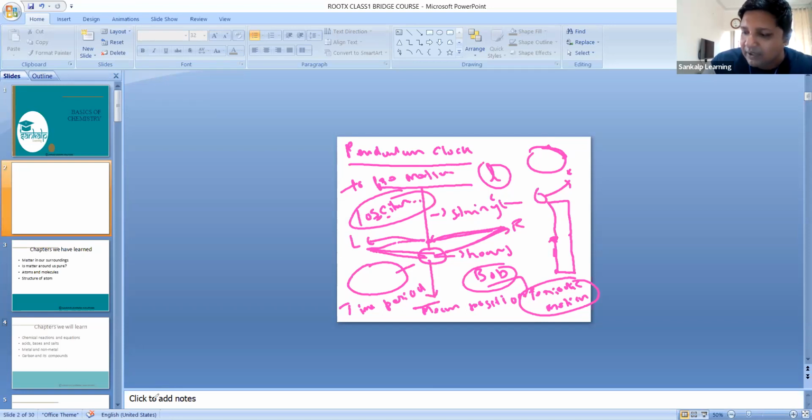And then the last device we come across is the modern clocks, the quartz clock, the wrist clock and all that is there in your hand. We will discuss this, then stop.